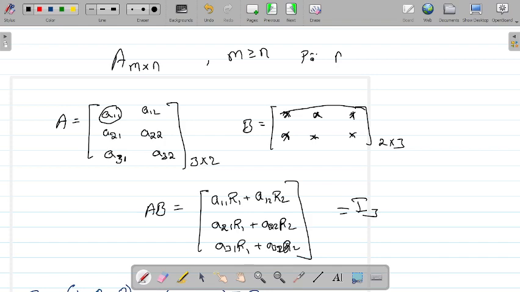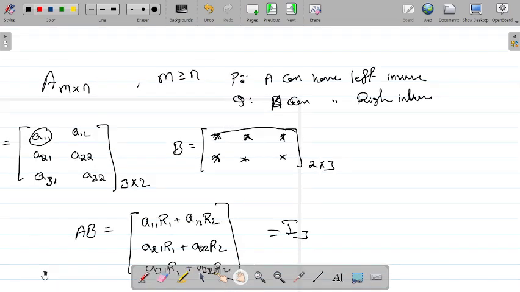I'm talking about A only. I'm saying it can have, it means it may exist, or it may not exist. What can you say? Can you say that for something, either the left inverse or the right inverse, it doesn't exist for sure?